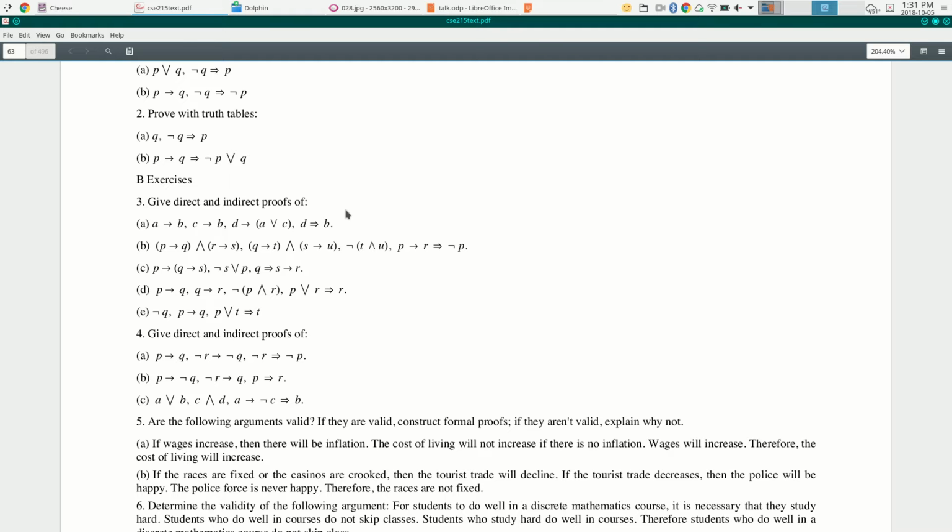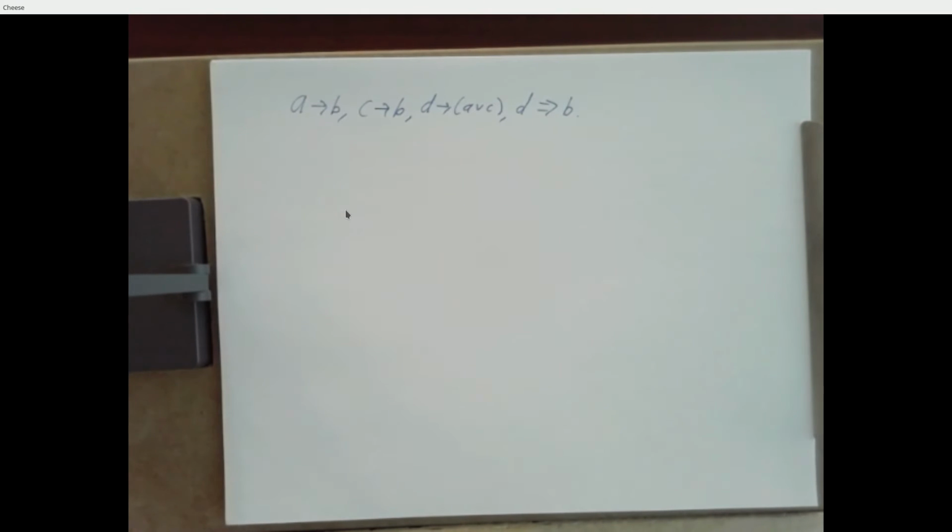Let me tell you how to interpret this, because if you interpret it wrong, then you don't get the right answer. All right, so this is what we're trying to prove.